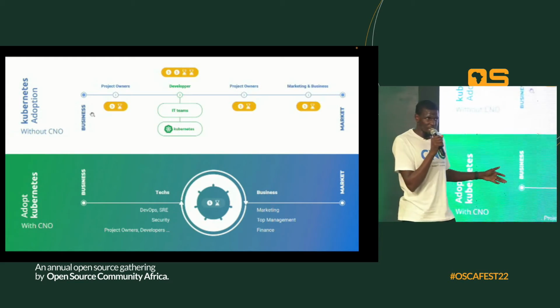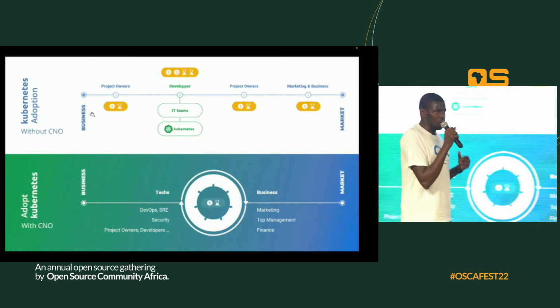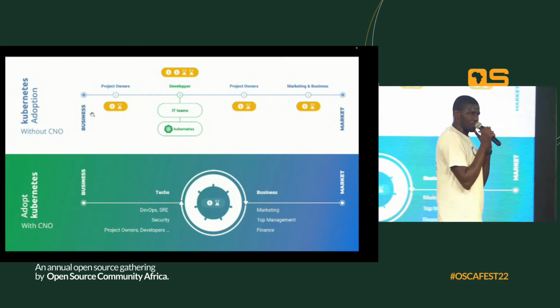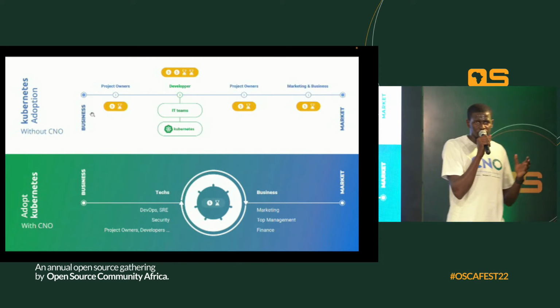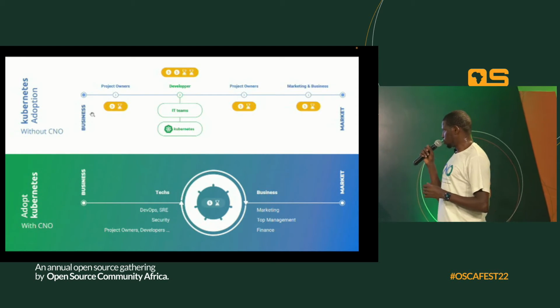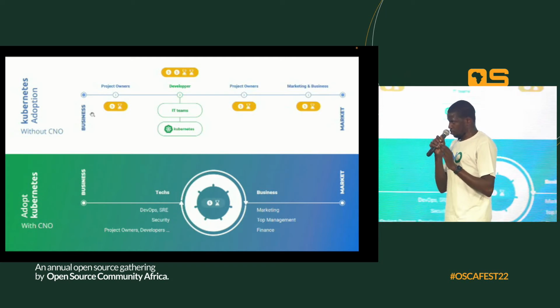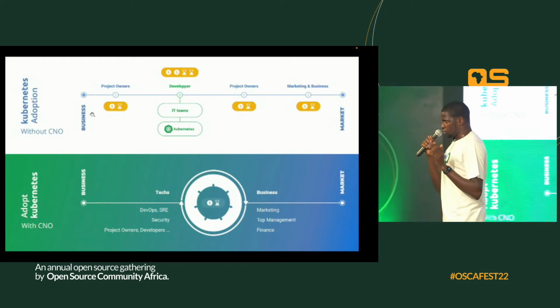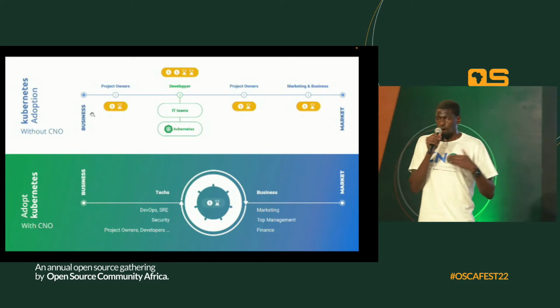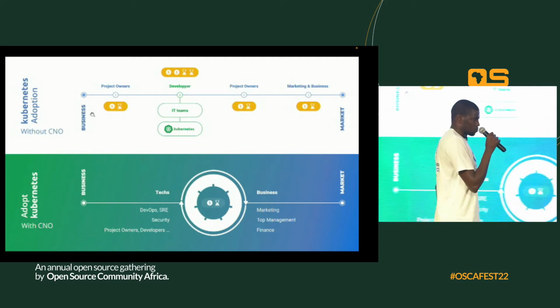So from the business, project owners, developers, tech team, even marketing teams, every team is involved in this innovation speed with Kubernetes. So with CNO, any large company implementing Kubernetes to go faster normally can do it.